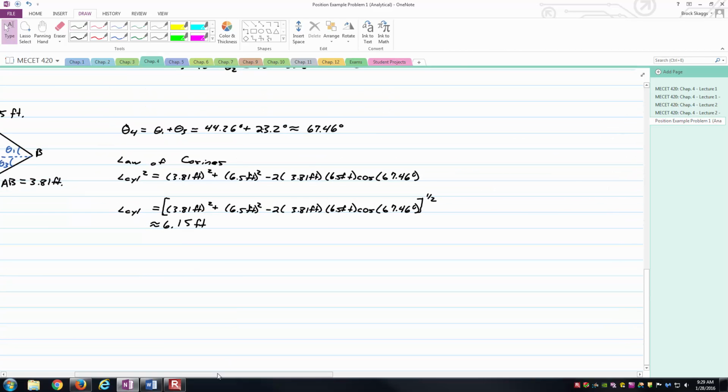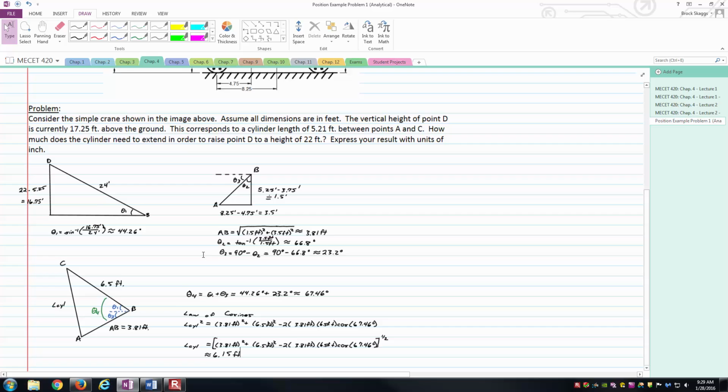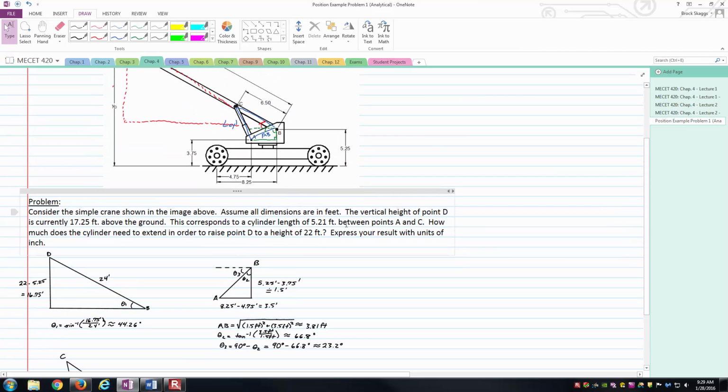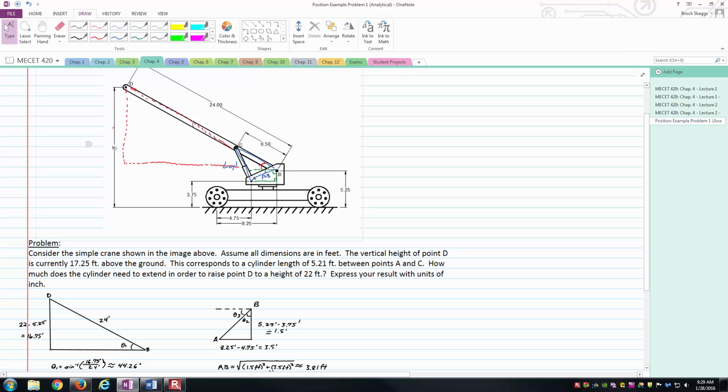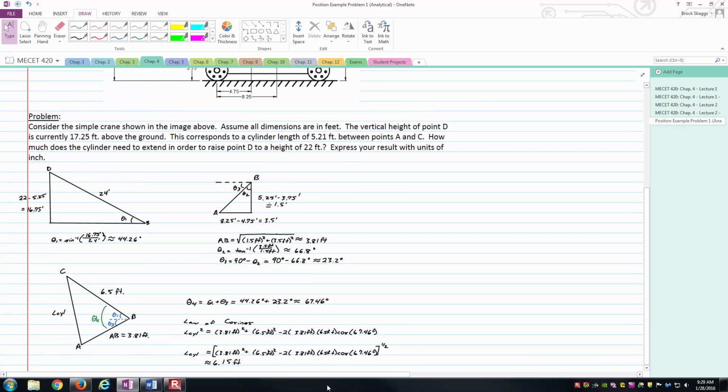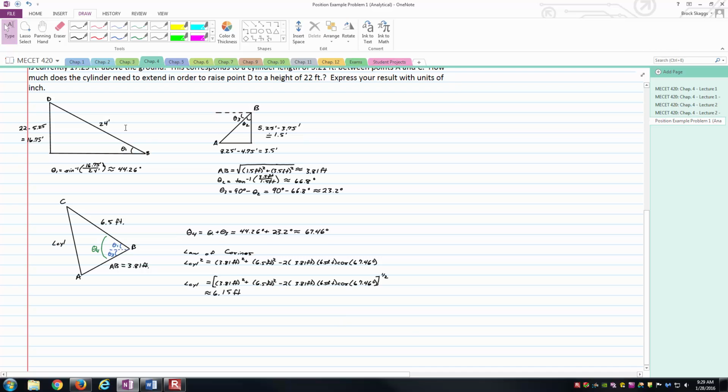Well, our original length was 5.21 feet. We're expecting the cylinder to extend in order to raise point D, and so it makes sense that yes, this value got larger. And so at this point, one final step for the problem, we need to figure out the change in length of the cylinder. How much does it need to extend?